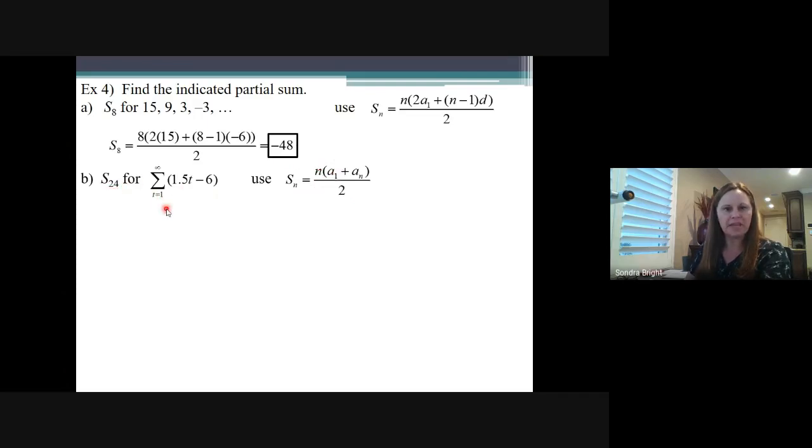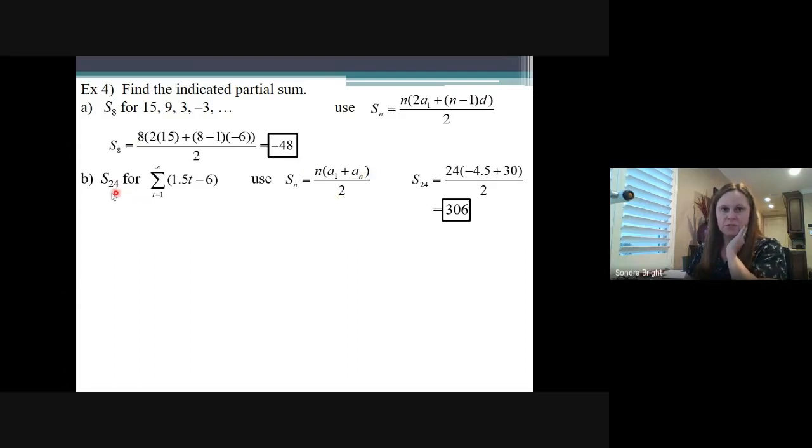First term would be plugging a 1 into t, so 1.5 minus 6, a negative 4.5. Plugging in a 24 into t gives you a positive 30. So we've got that, and you end up with 306.